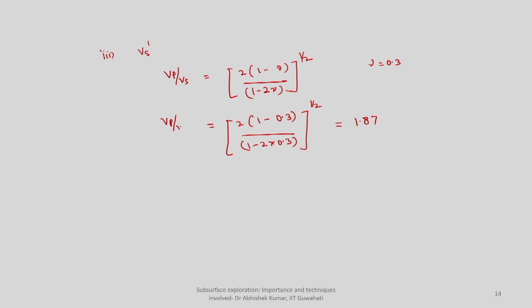That is Vp by Vs. So Vs1 will be Vp1 over 1.87, that is 902.44 over 1.87, which comes out to be 482.59 meter per second.